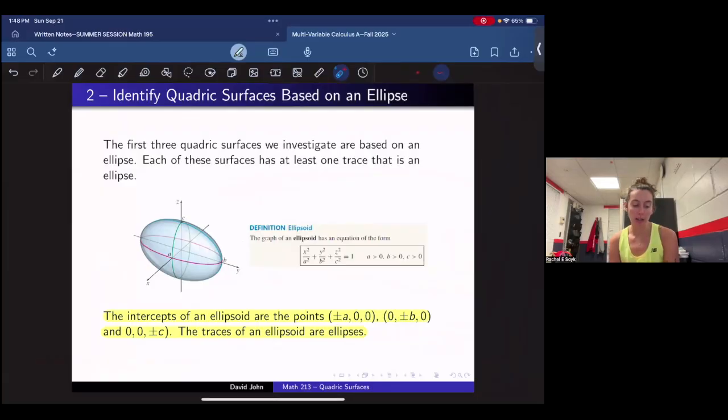In this general form, we can get the intercepts of the ellipsoid to be plus or minus a, 0, 0; 0, plus or minus b, 0; and last but not least 0, 0, plus or minus c. And the traces of an ellipsoid are ellipses.